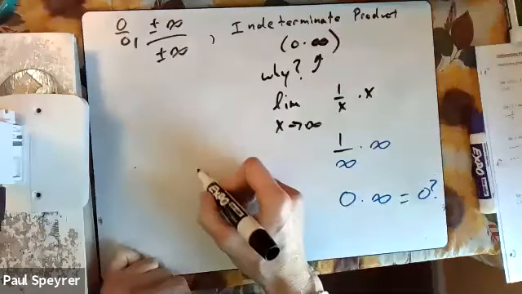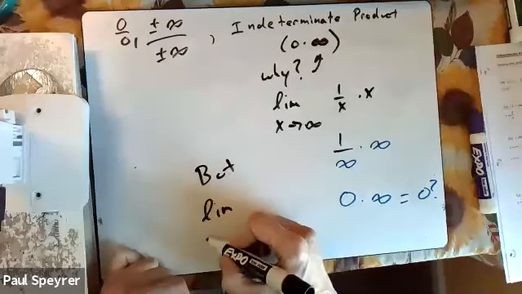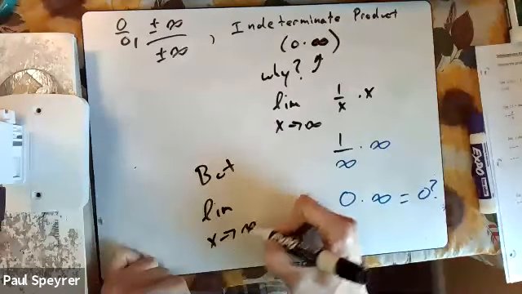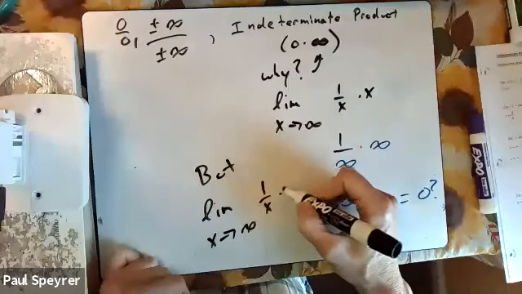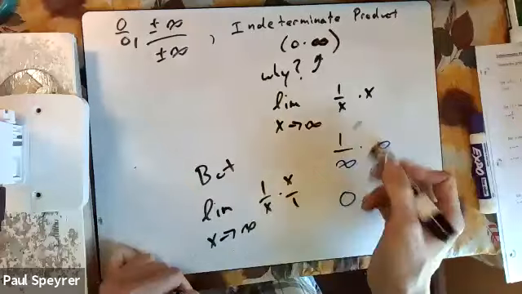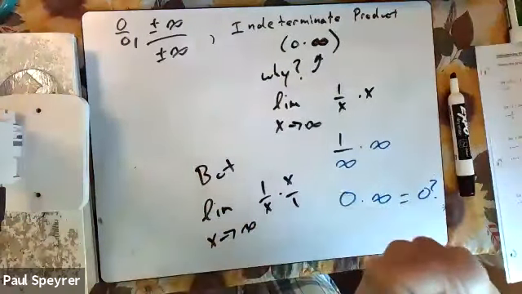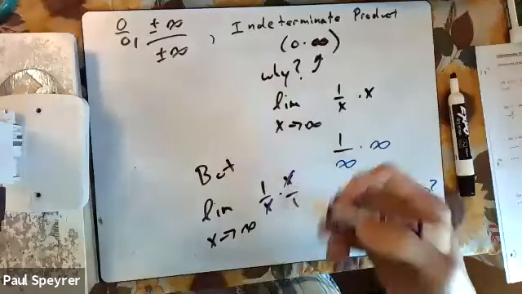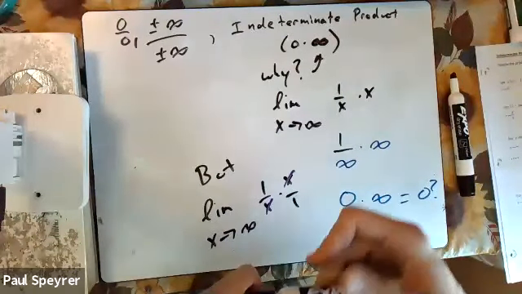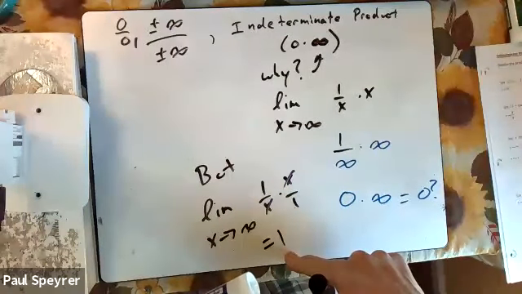But let's go back to this. If this is 1 over x times x over 1, can't I cross these out, right? That's just reducing. And what are you left with? You're left with 1, right?